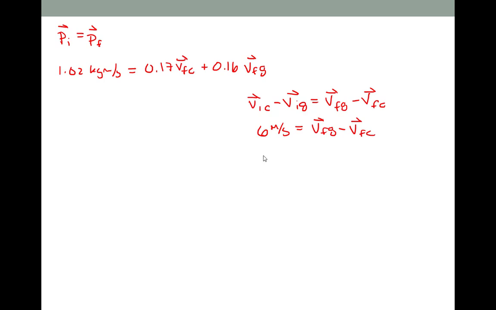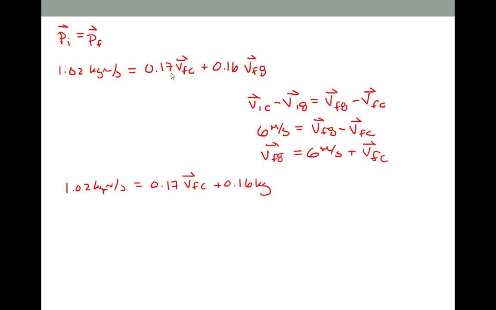I can now write that the final velocity of the 8 ball is going to be 6 meters per second plus the final velocity of the cue ball. And I can plug that in. So 1.02 kilogram meters per second equals 0.17 times the final velocity of the cue plus 0.16 kilograms.